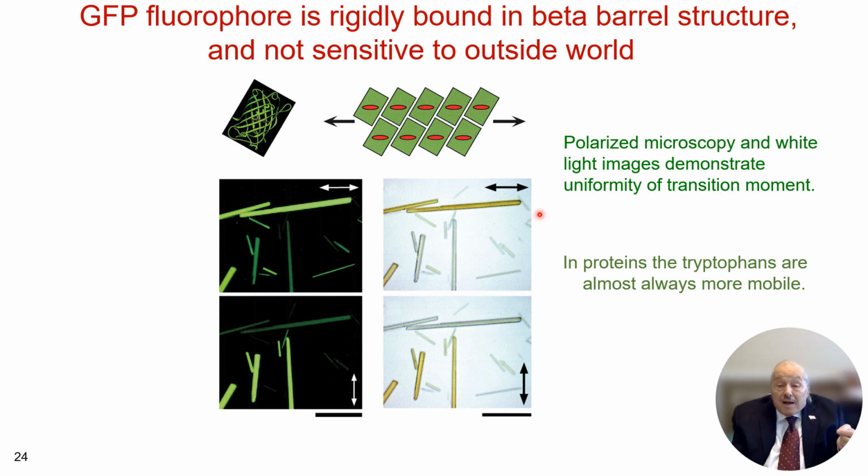We'll be talking about anisotropy and polarization in a future lecture, but this just showed that the probe is completely rigidly bound, which is a surprise, because when we talk about protein fluorescence in detail, we'll see that the tryptophans almost always have quite a bit of rotational freedom.